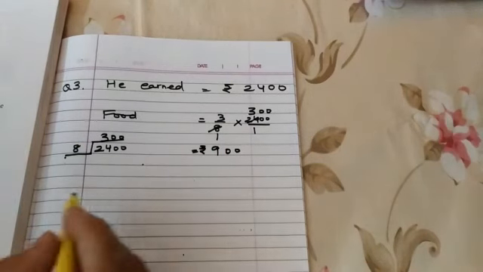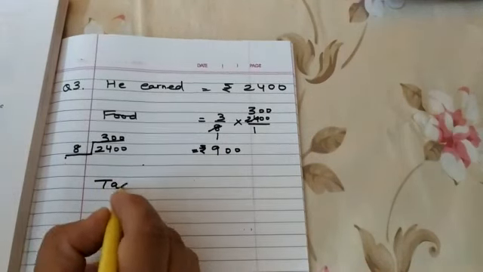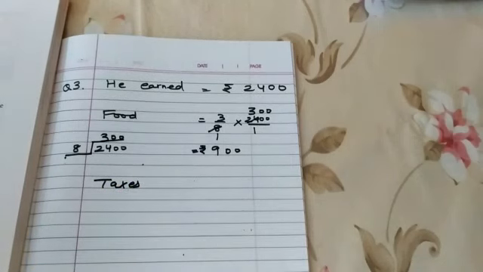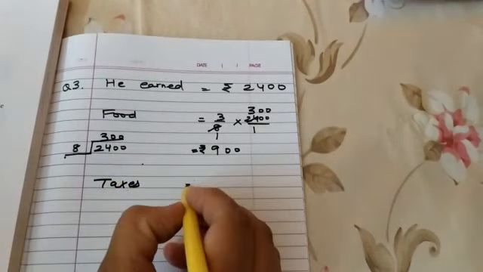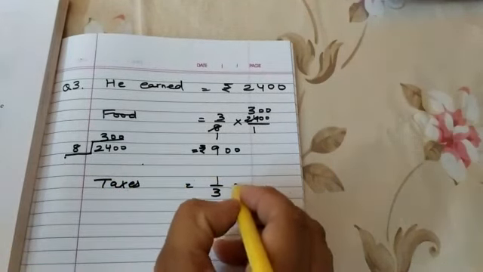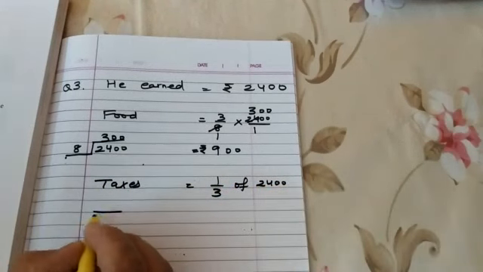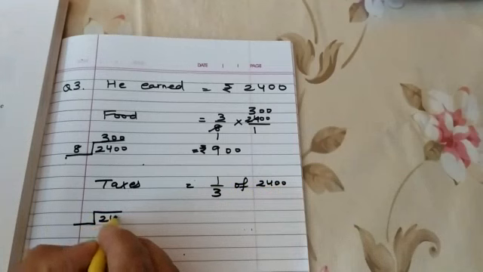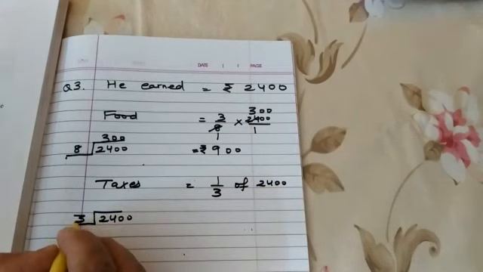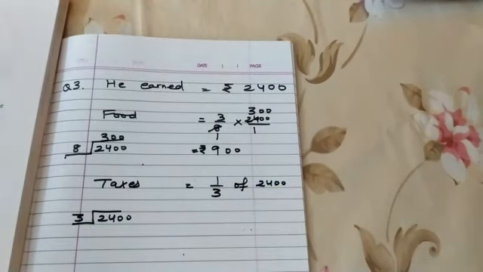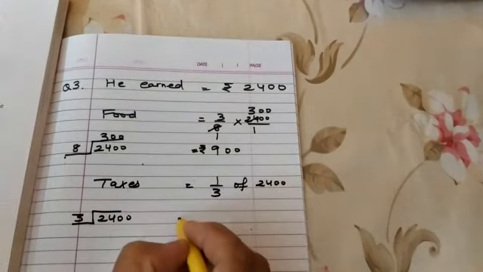Now the next is taxis. How much has he spent on taxis? 1/3 of 2400. Now divide 2400 by 3, so you will get 800.